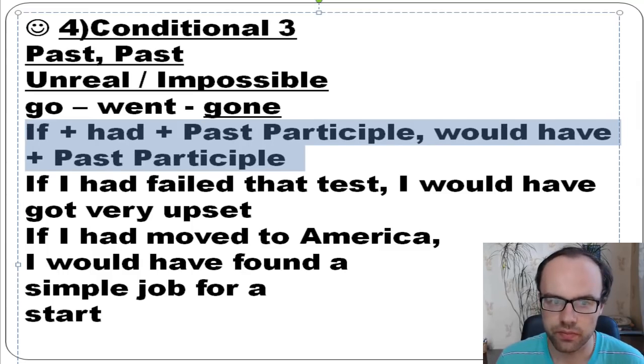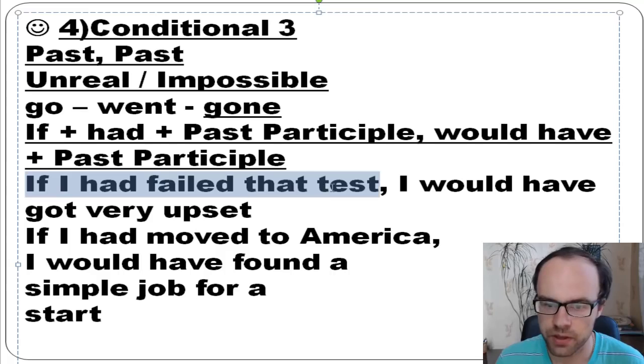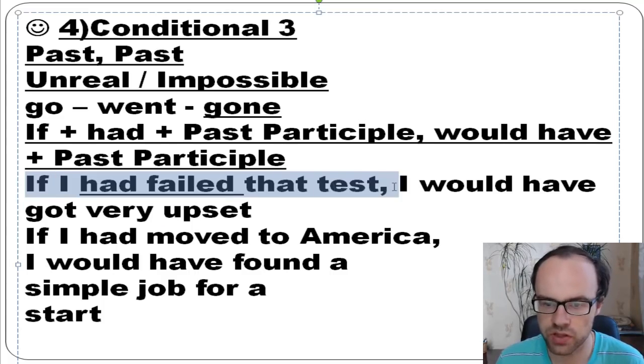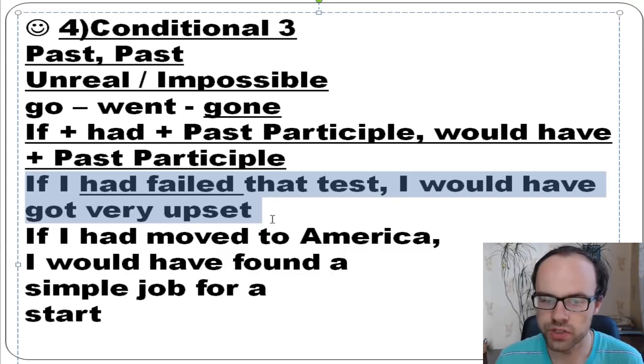So look, it's unreal. If I had failed that test, so you see, had plus past participle, it's unreal. If I had failed the test, it means in fact I didn't fail it, so it's in my imagination, I imagine it. So if I had failed that test, I would have got very upset, okay?